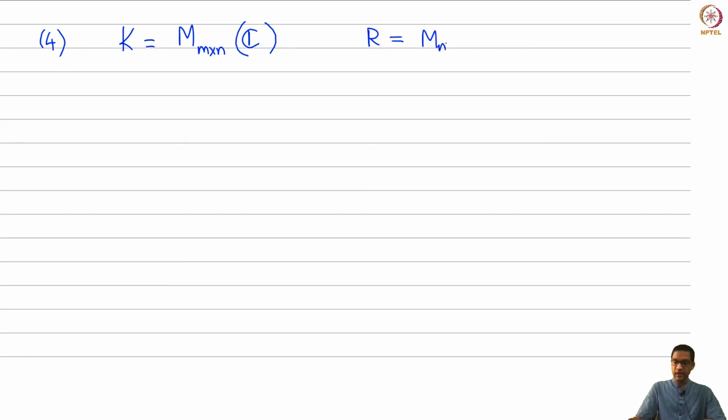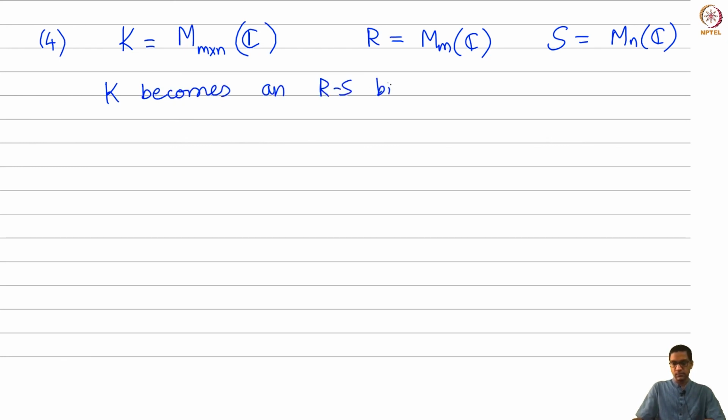On the left I take all M cross M matrices, and on the right I will take all N cross N matrices. Then K becomes an R-S bimodule via more or less the following obvious thing. I take an element of this ring R. So I take an element x from K.